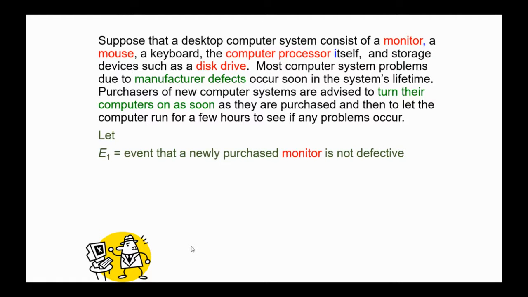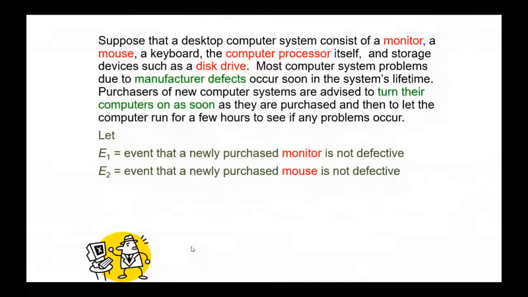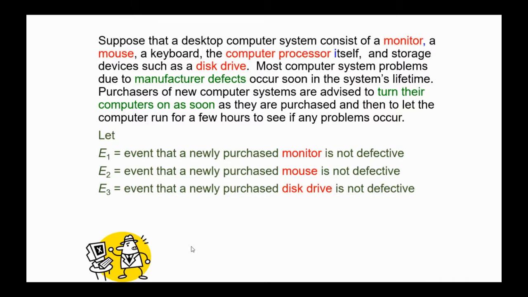Anyways, so on this computer, let E1 be the event that a newly purchased monitor is not defective. E2 is the event that a newly purchased mouse is not defective. E3 is the event a newly purchased disk drive is not defective.